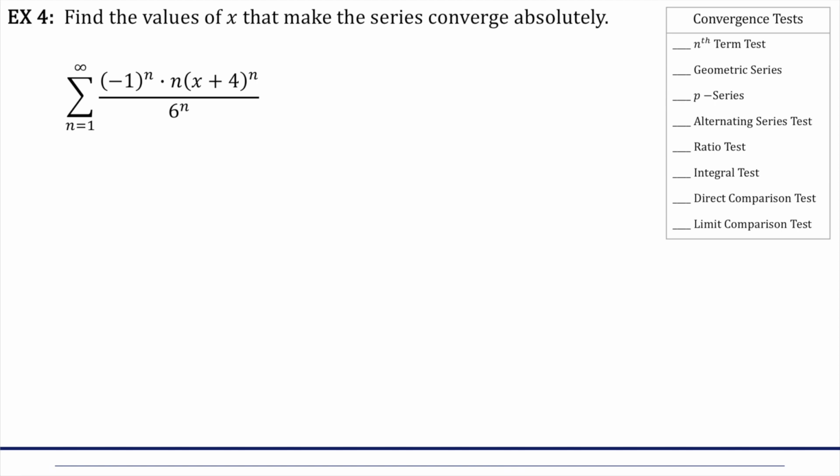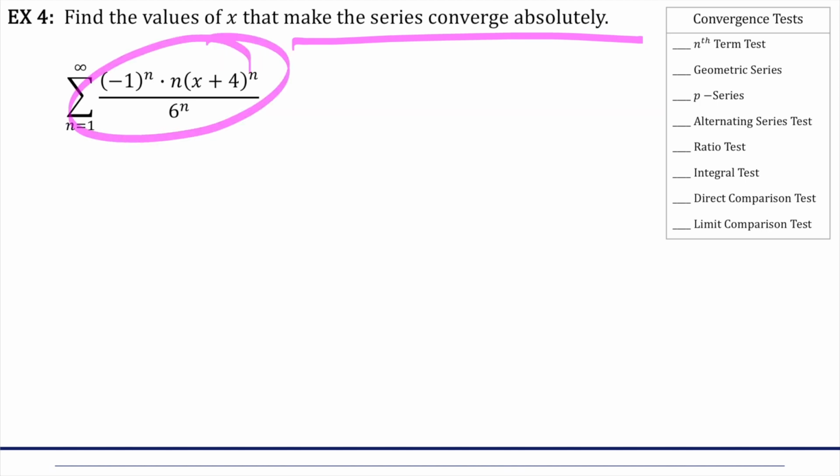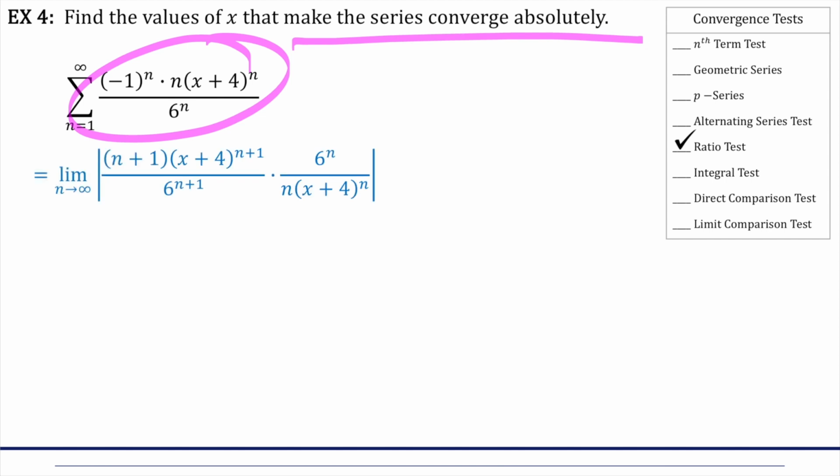Okay, now here's a new twist on it. Find the values of x that make the series converge absolutely. So if we want the series to converge absolutely, there's all kinds of stuff going on here. So let's use the ratio test, and we'll do the whole ratio test within absolute value brackets so that it's not alternating. And so this (-1)^n here is not really a factor anymore.